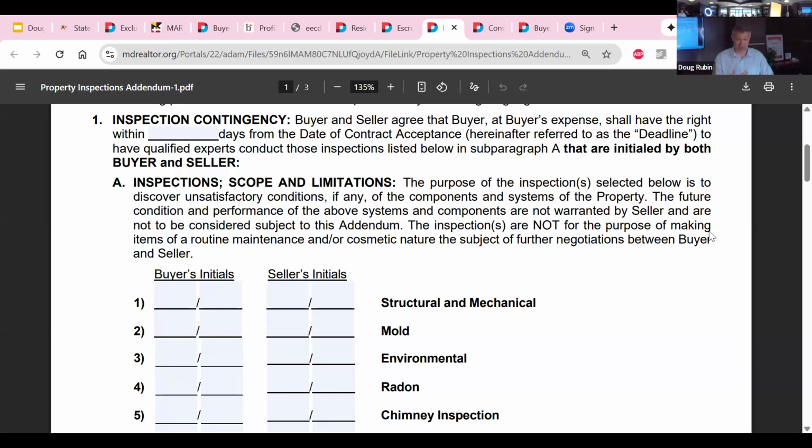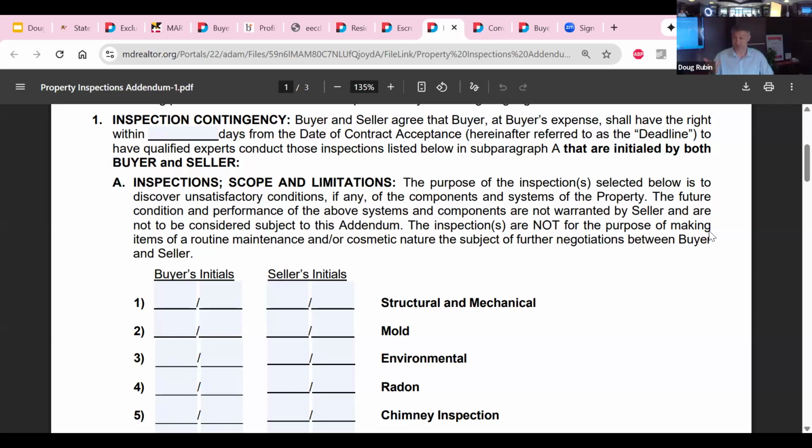My position is pretty clear that on subsequent listings, if there are defects that are hidden from a buyer walking through and could pose health and safety defects, they absolutely need to update their disclosures to report those latent defects or fix them.